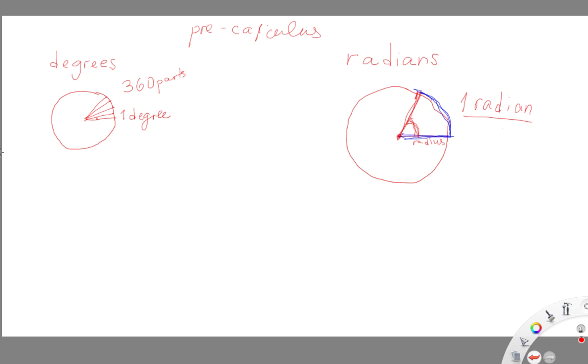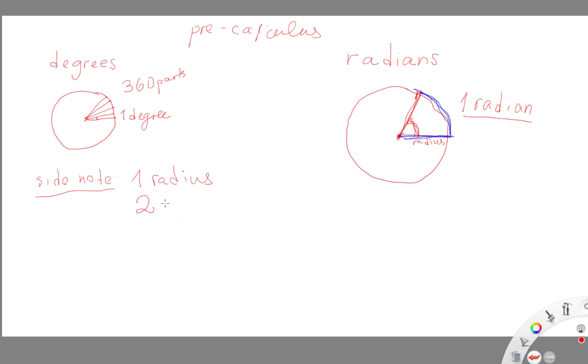Okay? On a little side note, let me just write here side note, something you need to know. When we talk about one radius, we say radius. However, if we want to say we have two radiuses, this is wrong.